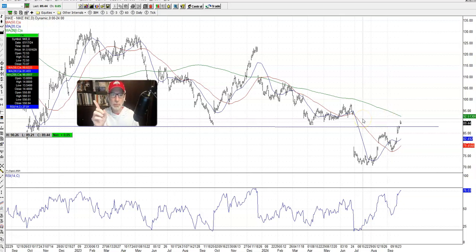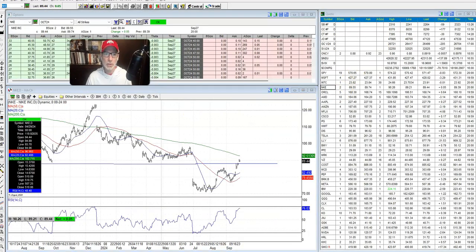If the moving averages were all in an uptrend, a little bit of a pullback would be a really great buying opportunity because the overall trend of that stock is still higher. In this case, the bears are still more in control because these moving averages are moving downwards. So you've got to be careful here. But Nike is looking better for a possible longer term move higher.